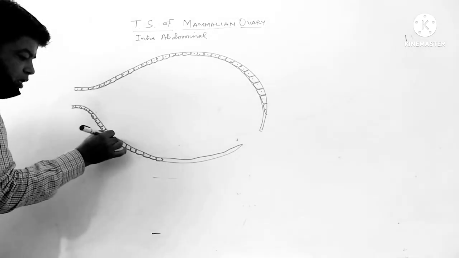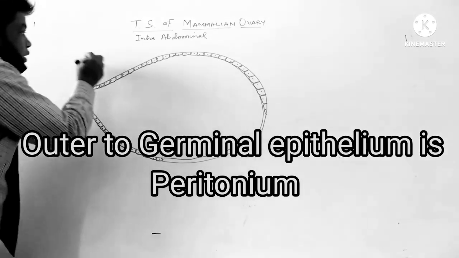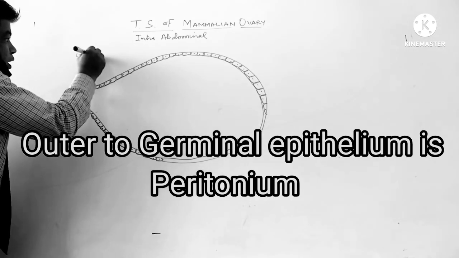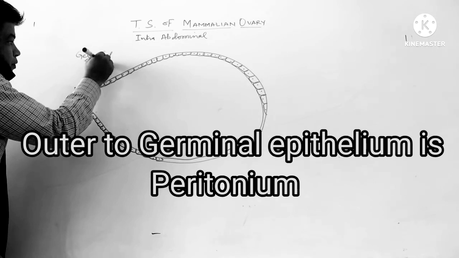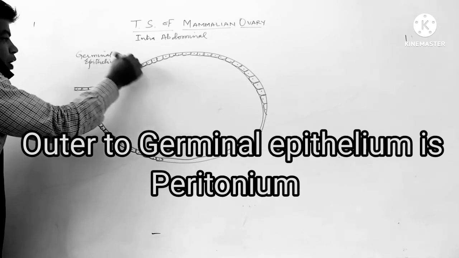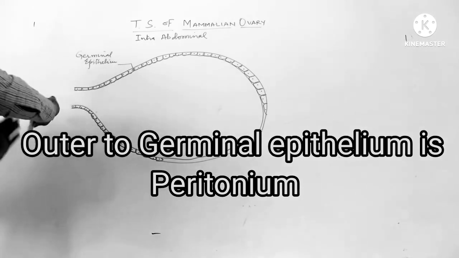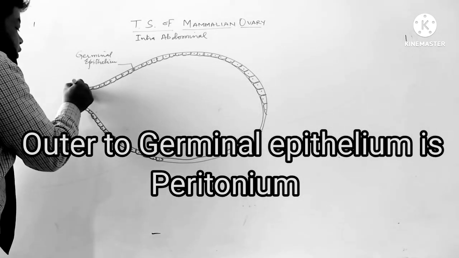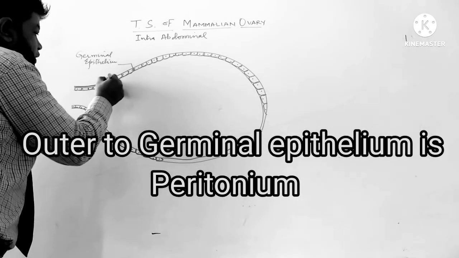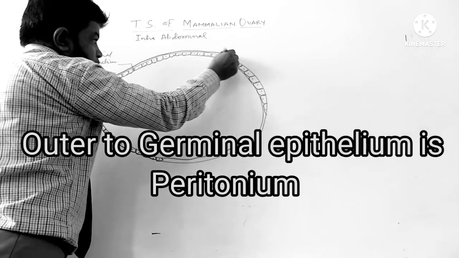So this lining covering is germinal epithelium. This is germinal epithelium, and this germinal epithelium is surrounded by another layer which is known as peritoneum. This is another layer present outside the ovary.